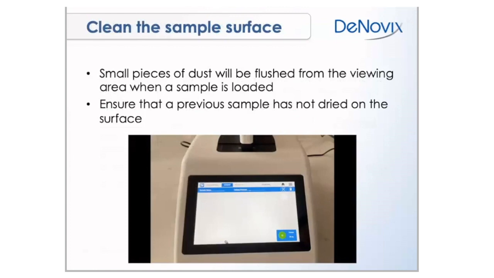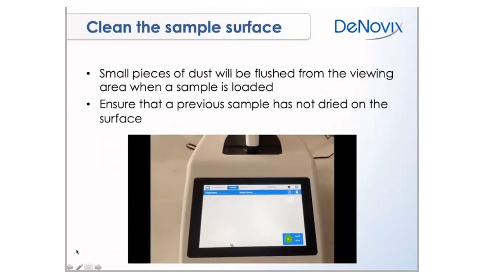So something that there seems to be a little bit of confusion about when I've been out in the field doing demos is how crucial is it when you're looking at the live preview before you've loaded cells that it's totally clean. For the most part, if you have a piece of dust on there, it'll just get flushed away. And I just have a quick example video here.